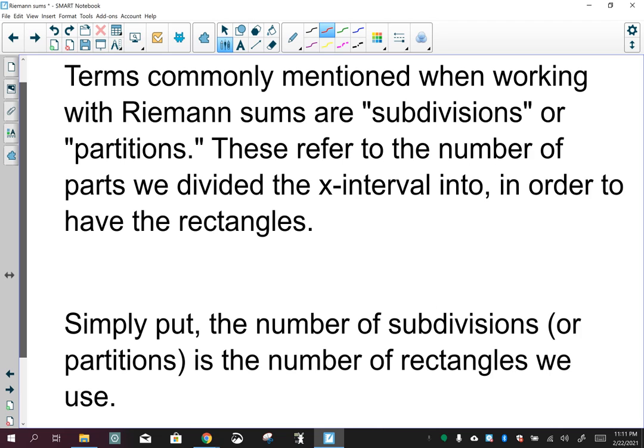So you need to take your interval and divide it up appropriately to figure out what the width of each one of those rectangles is going to be. And then the height will come once you get ready to plot those actual points. So again, your subdivisions, your partitions, whatever they want to call them, that's how many rectangles you're actually going to wind up having.